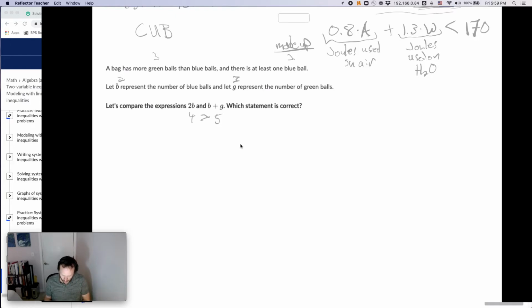We know that 2B is not always greater than B plus G. It's possible it's greater sometimes, but it's not always greater. So it's actually incorrect for me to say this. We don't know that it's not greater than. We just don't know that it's greater than.